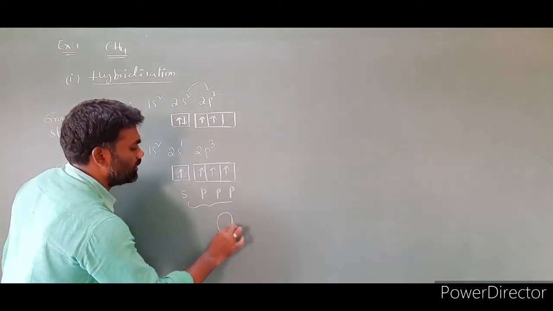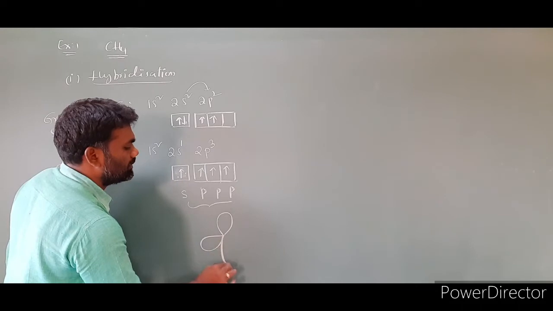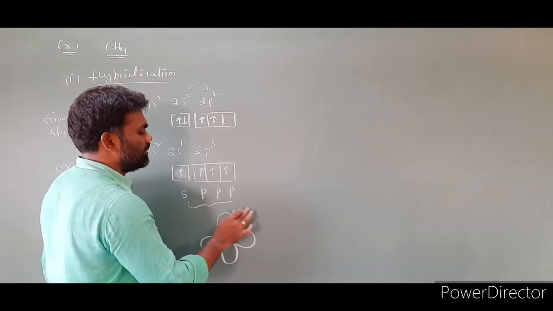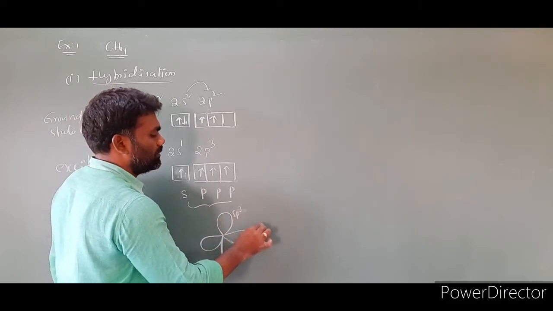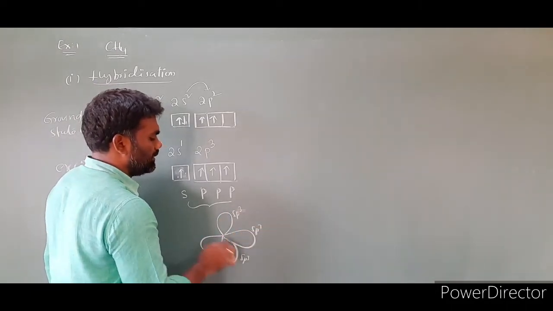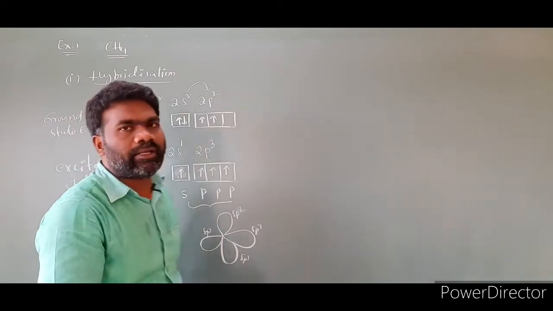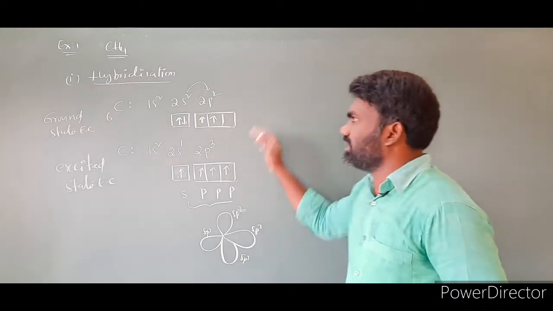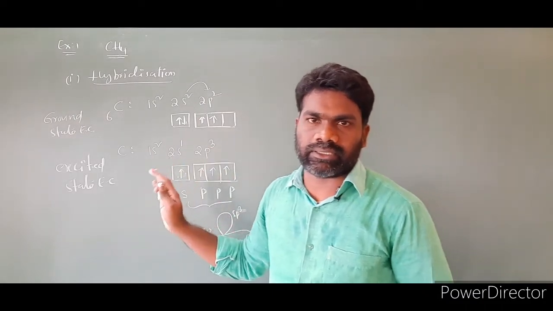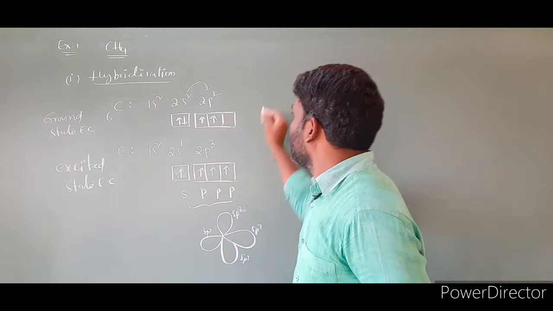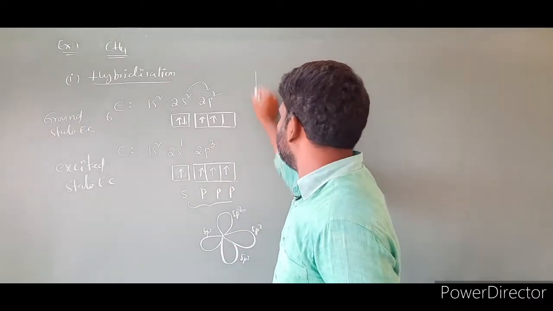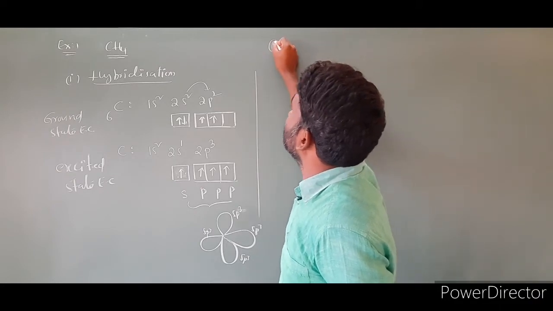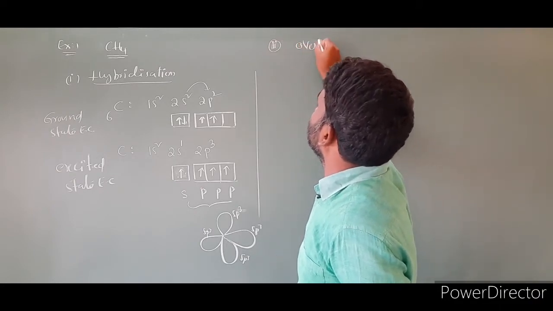So this is the first step, hybridization. Then what is the next one we have to do? Second step, overlapping.